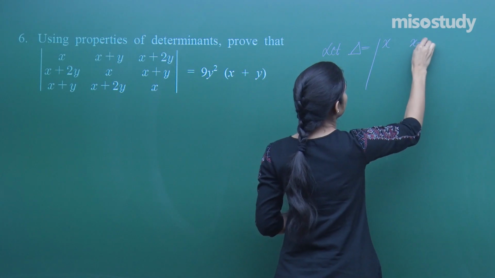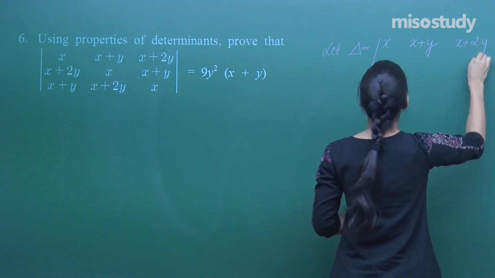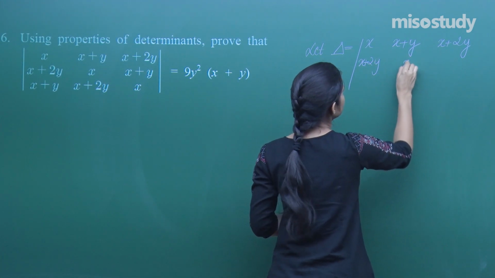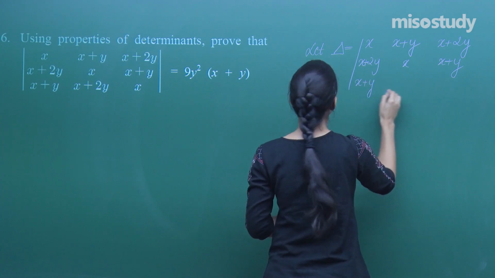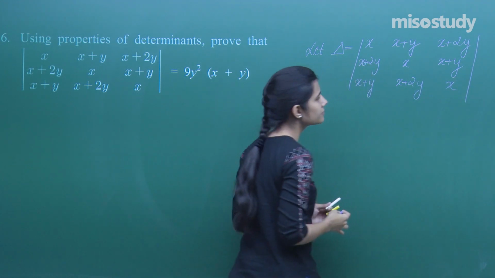So this is x plus y, x plus 2y, x; then you have x plus 2y, x, x plus y; and then you have x plus y, x plus 2y and x.